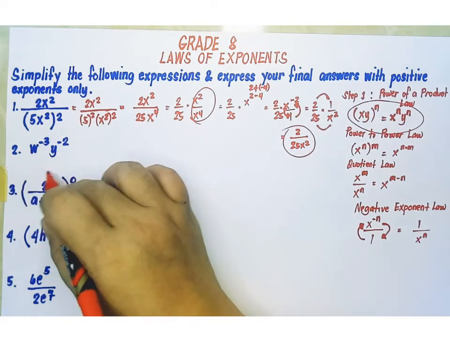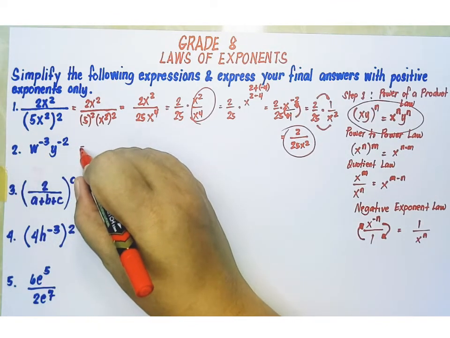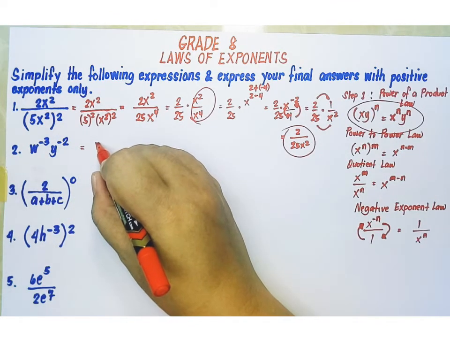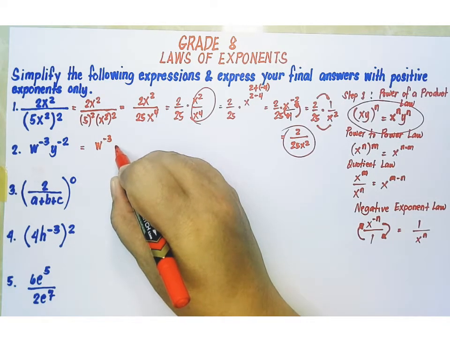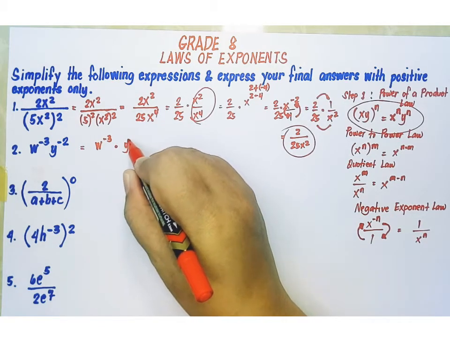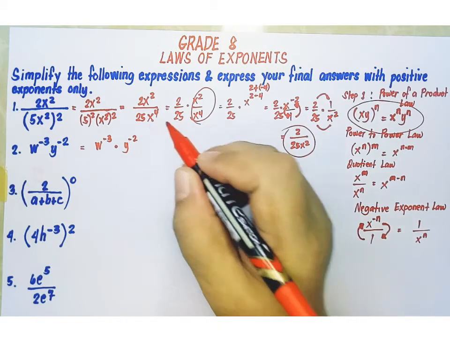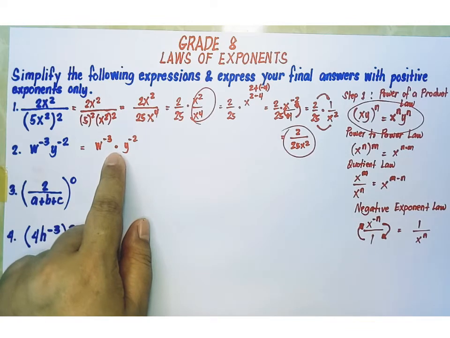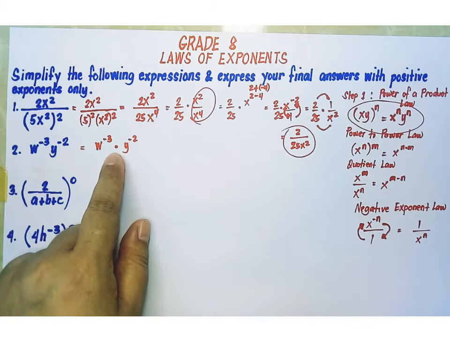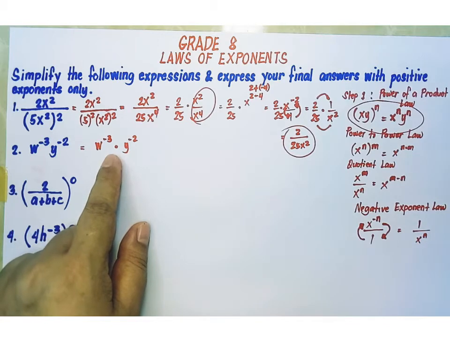So, we can rewrite this problem as w raised to negative 3 times y raised to negative 2. Itong dot is a symbol for multiplication. Okay?